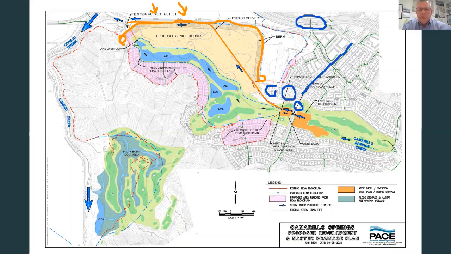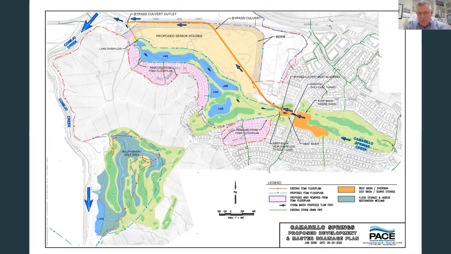And that's critical so that we don't have these higher flood waters that are associated with Conejo Creek. We don't allow those into the project, and we don't allow them to flood the existing homes or the new senior housing area. So that's accomplished through the berm. You can see that it's kind of the primary backbone of the flood safety system.